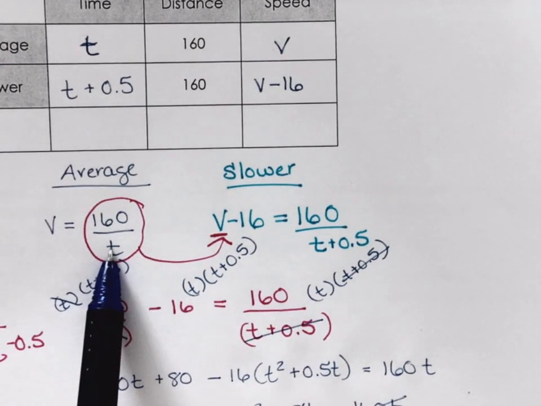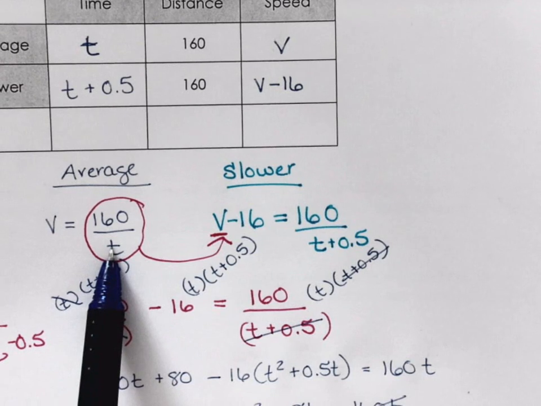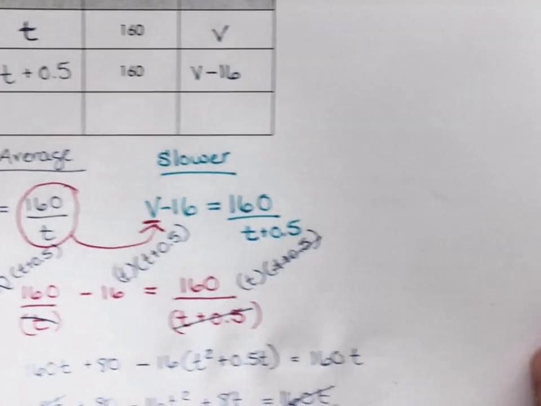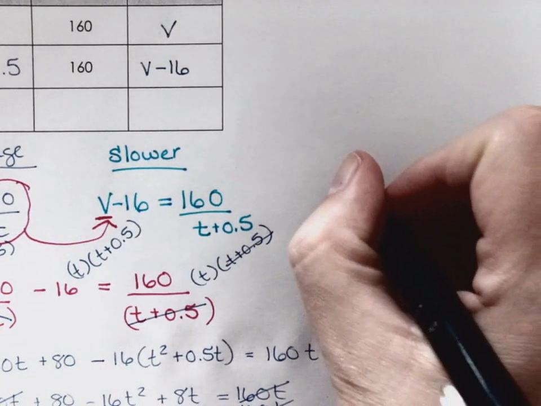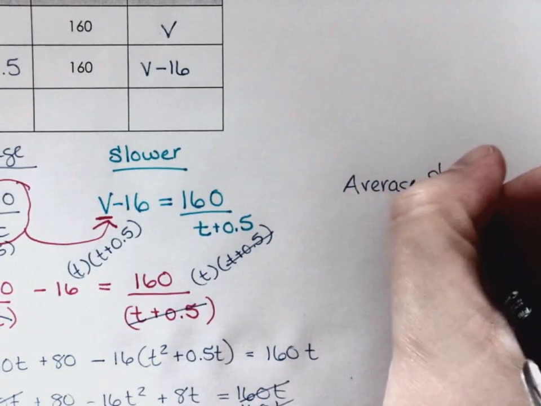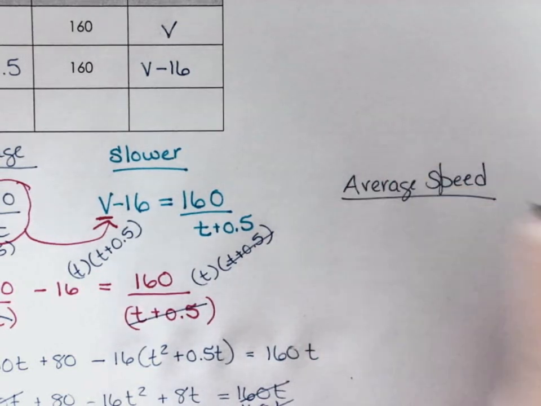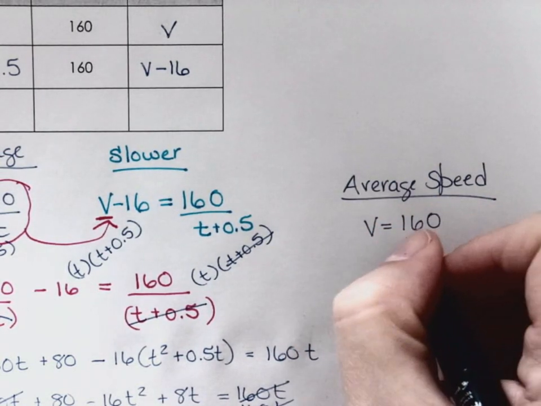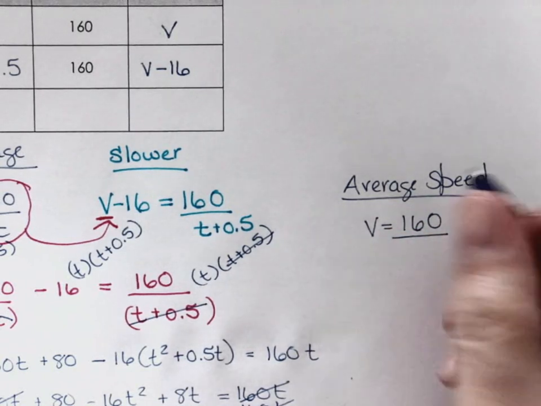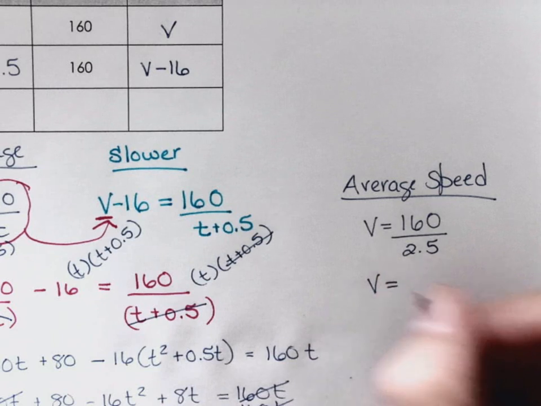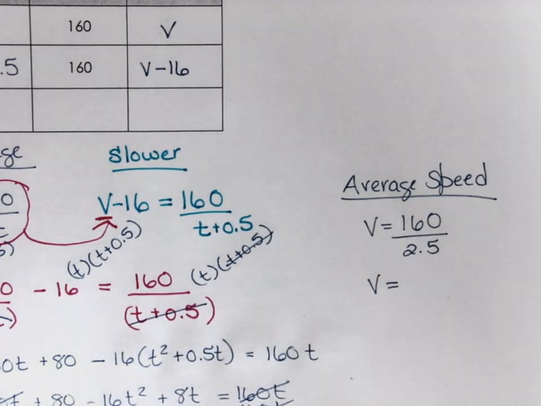So we know T now, we just found it: 5 over 2. So we need to finish this by answering the equation. The average speed: 5 divided by 2 is 2.5. That makes my heart sad to put a decimal in there, but I'll get over it.